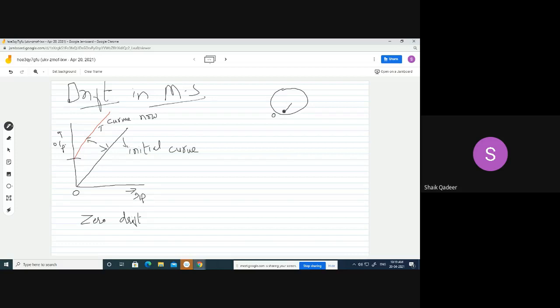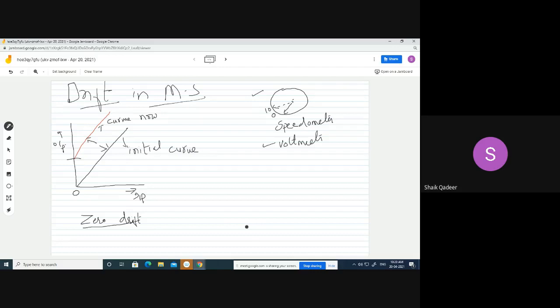Sometimes it points to a value below zero, or sometimes above zero. Have you observed this? No, sir, but I have seen in voltmeter. Sorry, multimeter. Yeah, that's great. You have seen in multimeter or voltmeter. In voltmeter also, such type of drift can be seen, right? So this is called as zero drift.